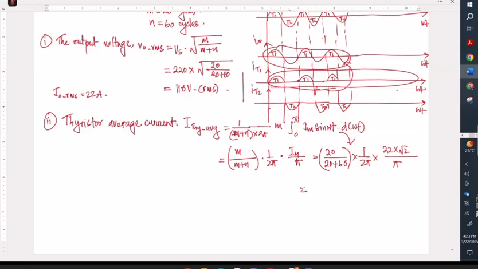Sorry, I might have made a mistake here. So can you do the integration by yourself? It should be Im sine omega t multiplied by d of omega t. If you integrate that between 0 to pi, what should be the value? If I take Im out, it should be minus cos omega t, from pi to 0.